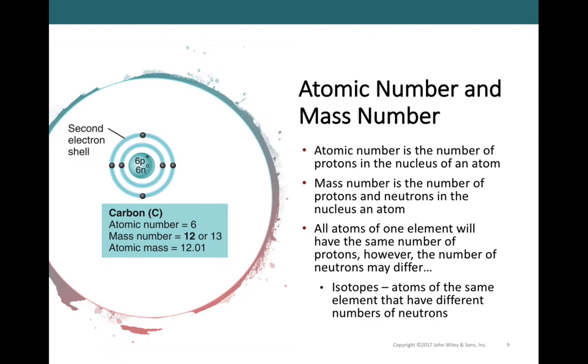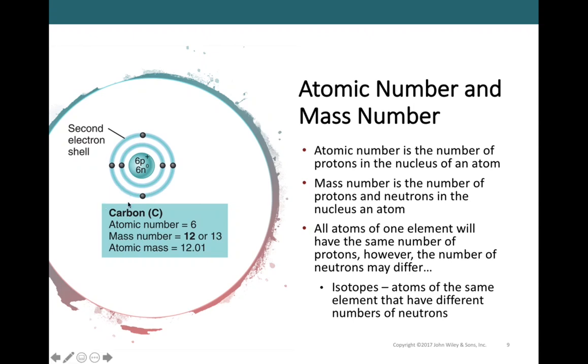Now there's also the concept of mass number. The concept of mass number refers to how many protons and neutrons are found in an atom's nucleus. So another way we could say this is how many particles, protons and neutrons, are found within the nucleus of our atom. Very often we will find that we have the same amount of neutrons as we have protons.